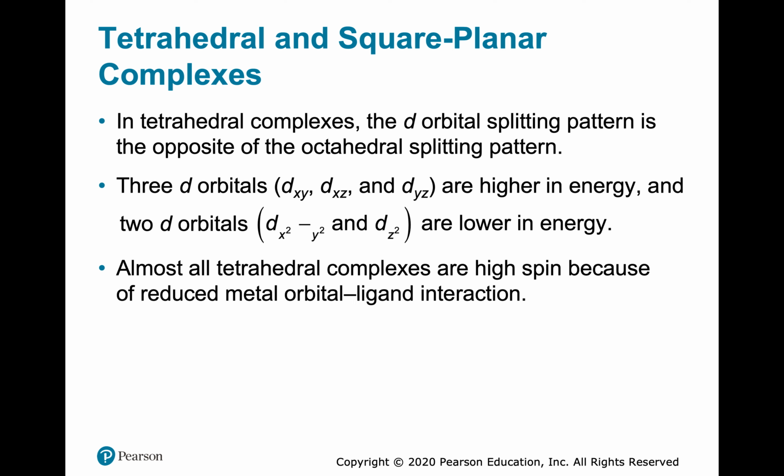Tetrahedral is similar to octahedral, but the splitting is bigger, and the orbitals outside the plane, like I talked about before, dxy, dxz, dyz, tend to be higher, and they tend to be high spin.